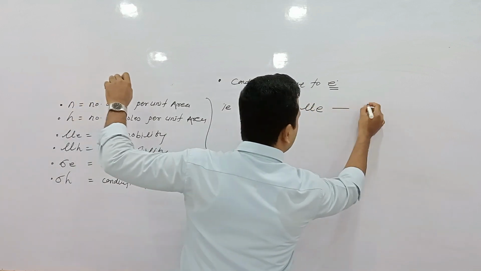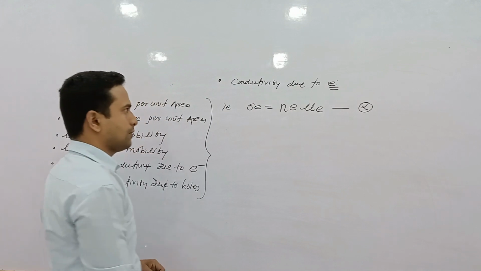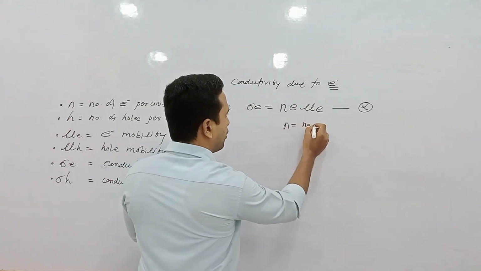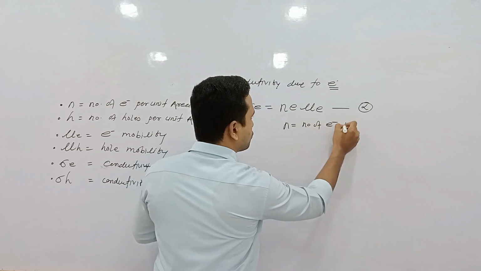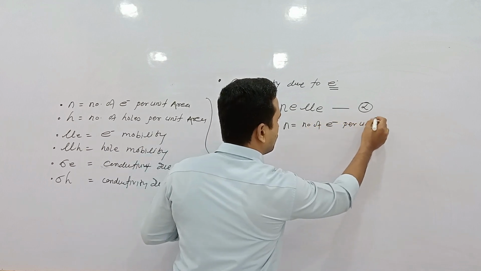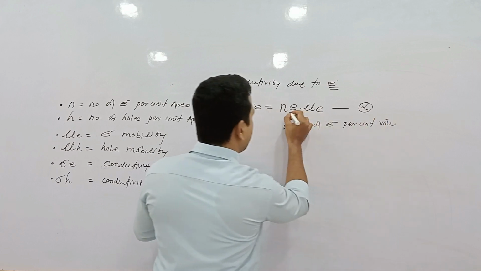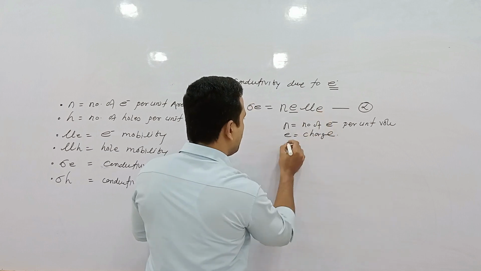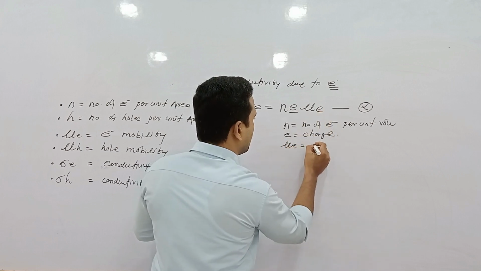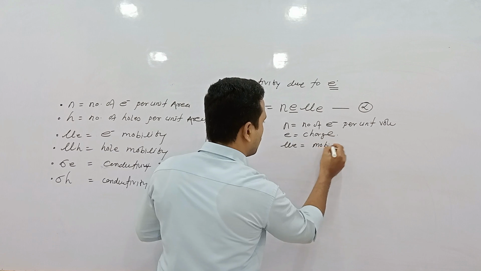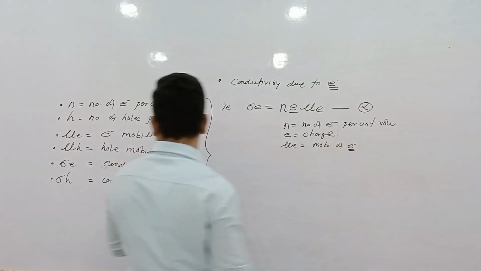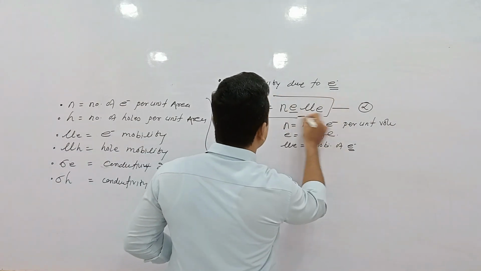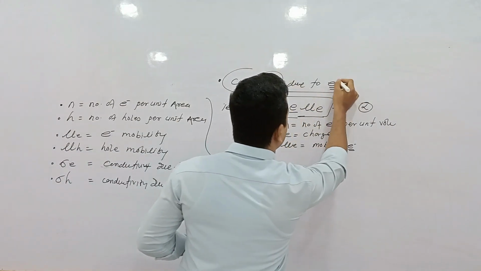That will be your equation number 2. Where n is the number of electrons per unit volume, e क्या है? e is the charge and mu e is the mobility of electron. ठीक है? This is the conductivity due to electrons.